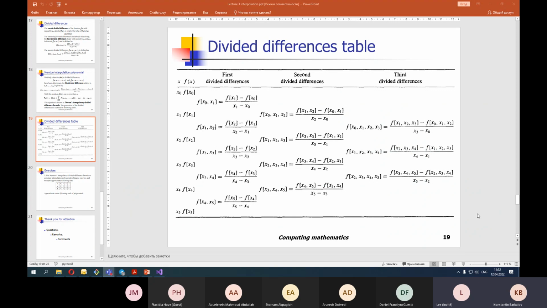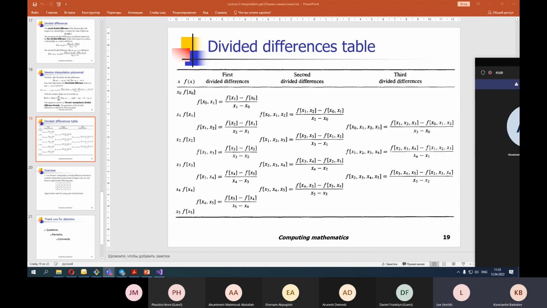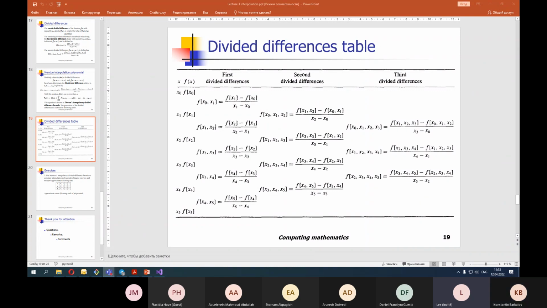Well, what is the result? What is the value of the first divided difference? You can type your result in chat, or you can say it using your microphone. It is f of x1 minus f of x0 over x1 minus x0. A very simple operation.